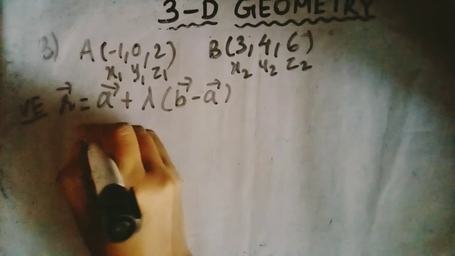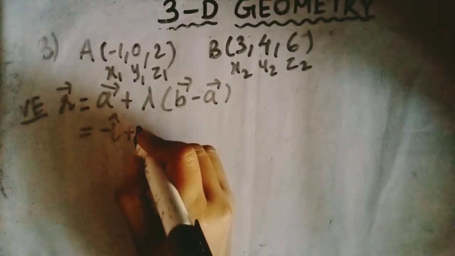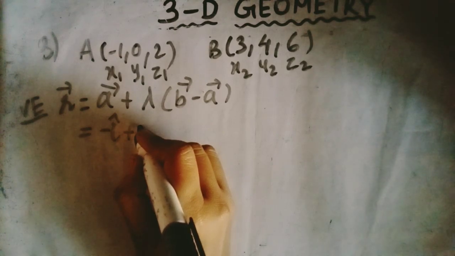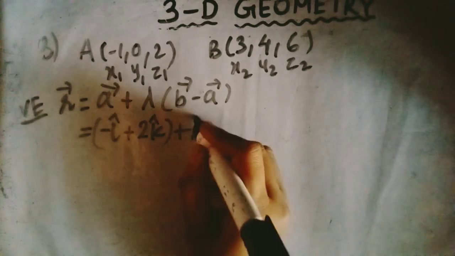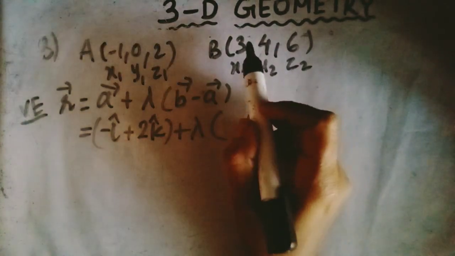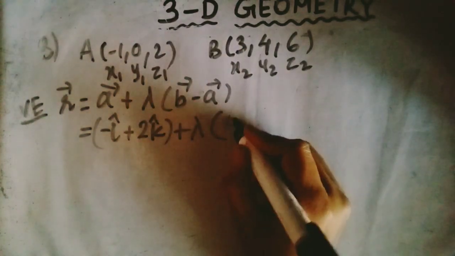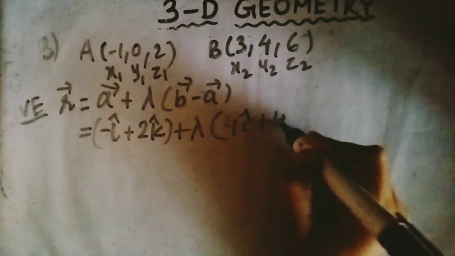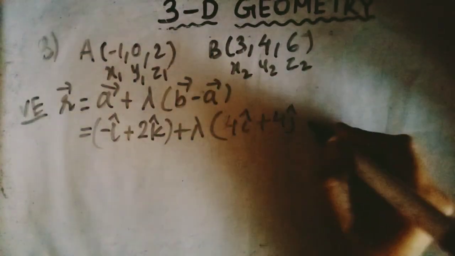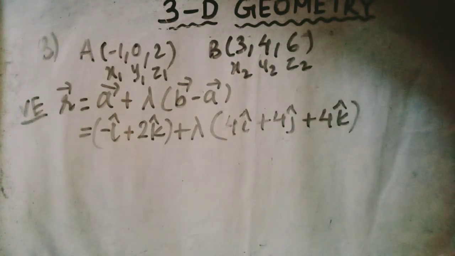A is minus i plus 0j plus 2k, plus lambda (b minus a). So 3 minus of -1 is 4i, 4 minus 0 is 4j, 6 minus 2 is 4k. So this is your vector equation.